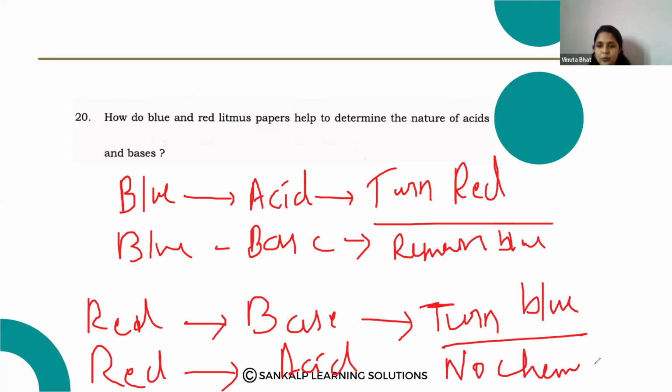So by using these properties of litmus paper, we can determine whether a solution is an acid or a base.